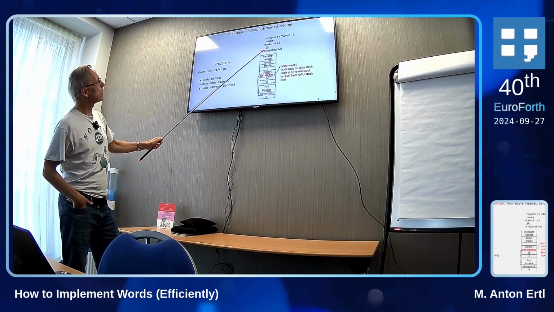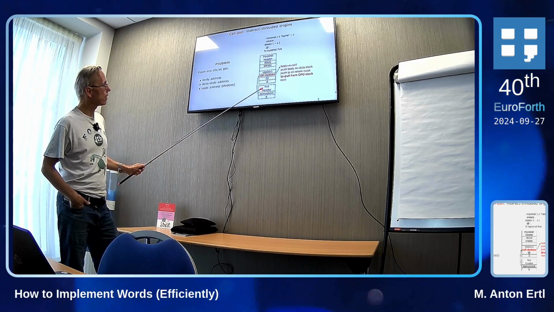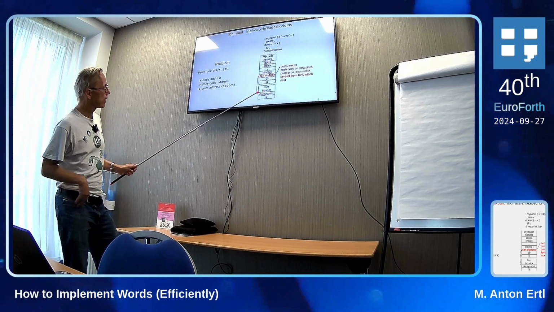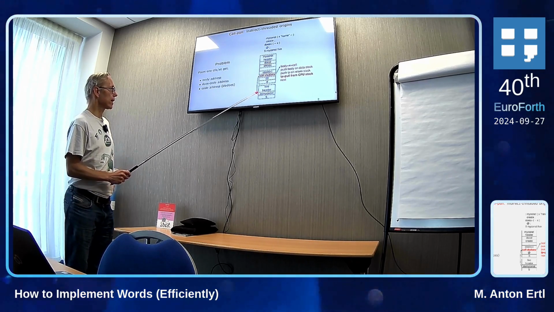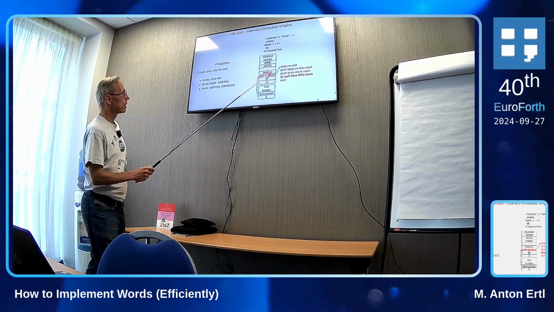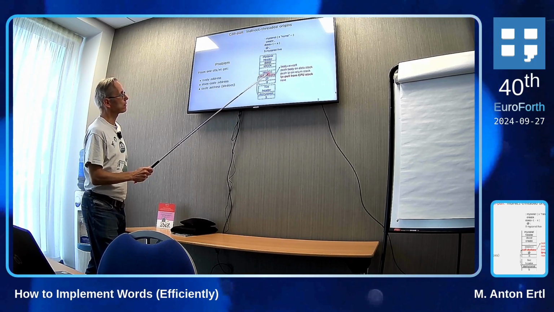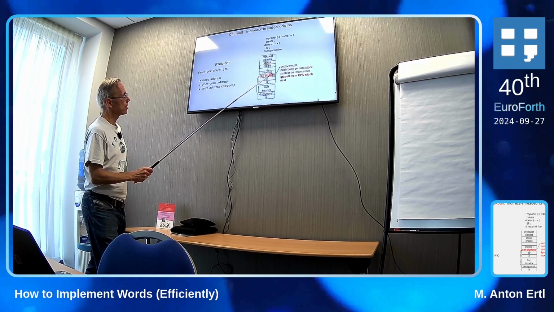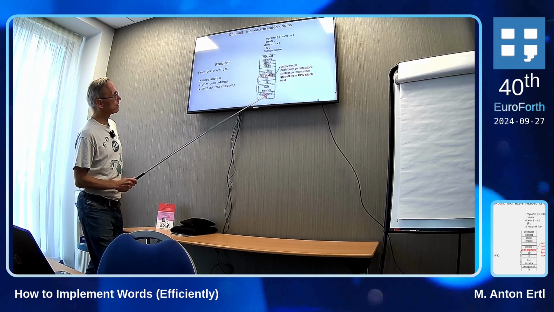And for this myconst 5, we have here the header 5. Then, and that's the interesting thing, the code address in the code field address points to this native code inside the definition of myconst. And then we have the data 5.